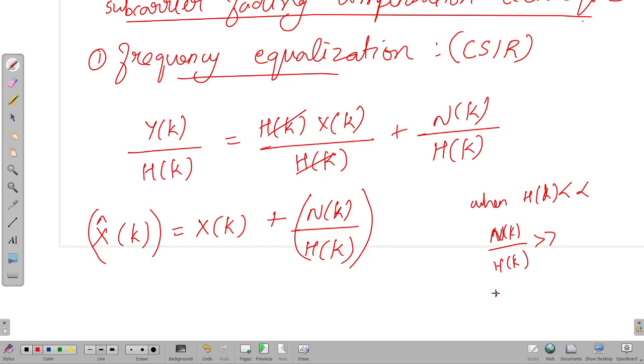A channel definitely gives some amount of attenuation to the signal.